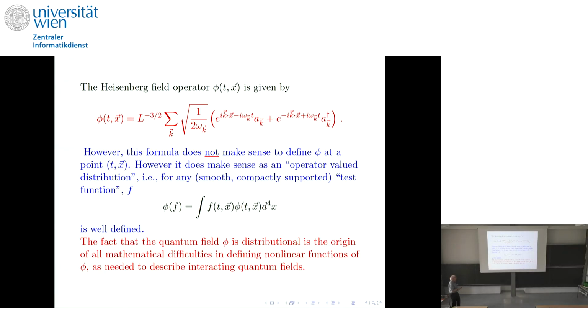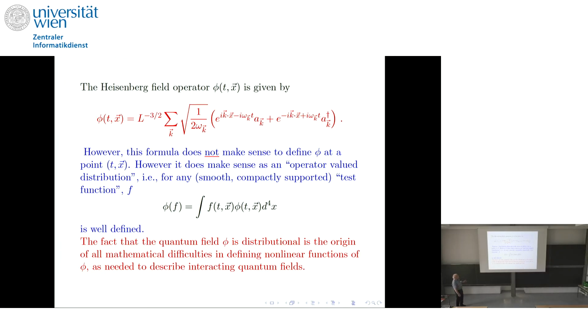So remarkably, for this free quantum field in flat space-time, one can make sense of what the field is and what it's doing, but you have to interpret it as a distribution. And that's the origin of all of the mathematical difficulties in quantum field theory, because you want to take nonlinear functions of the field.